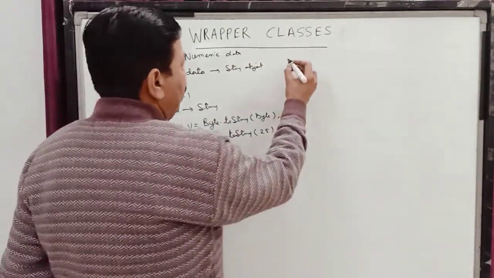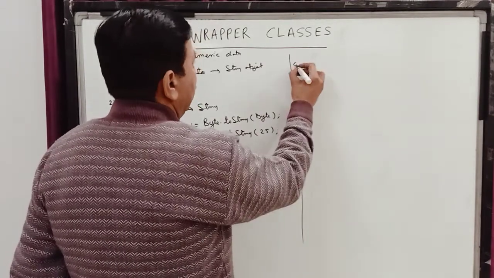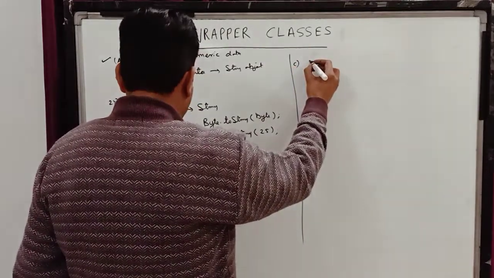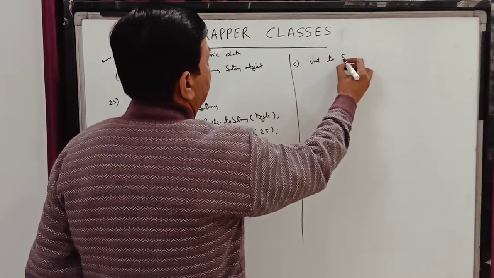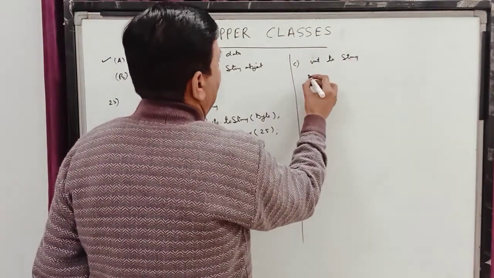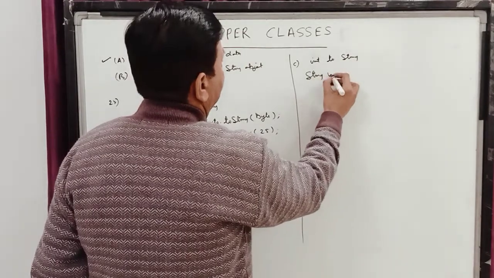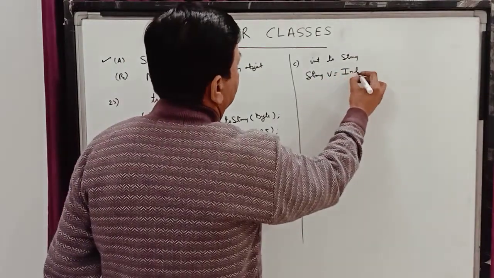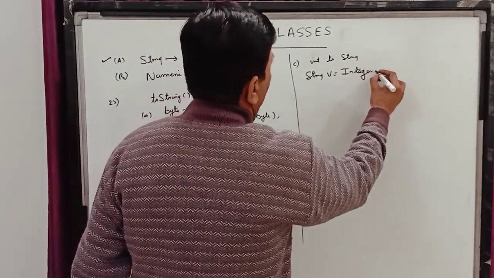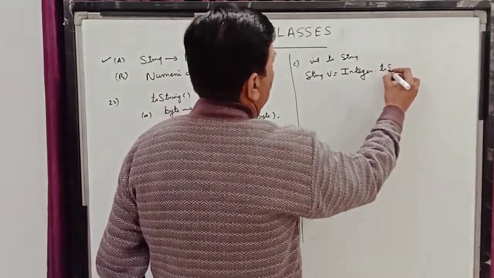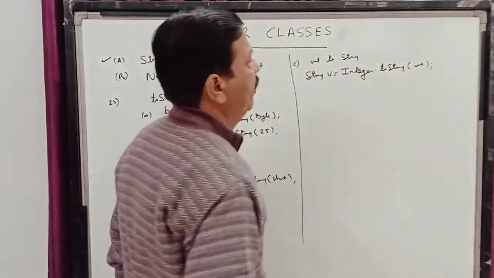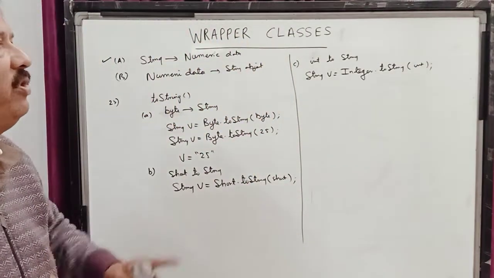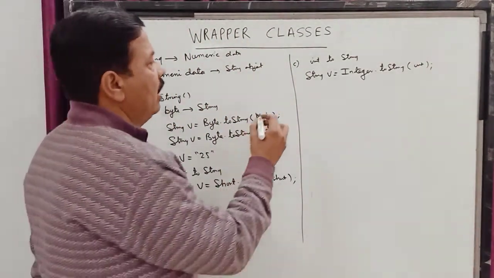Then the next function is Integer. If I want to change my int value to string, then I write string v is equal to Integer.toString, and I write any integer value within this. So it is going to convert my integer value into a string object.